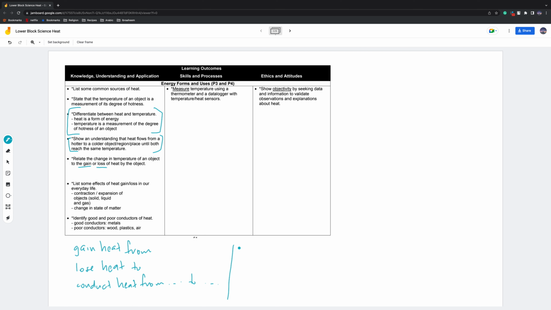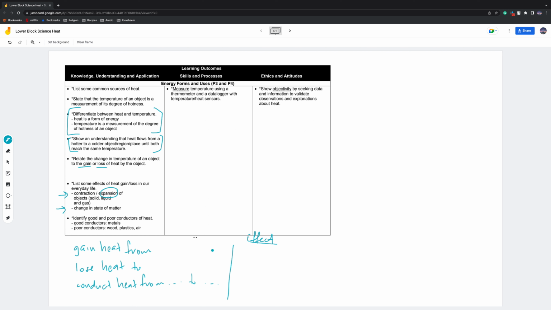Sometimes you add the effect. An example will be, let's say the spoon gained heat from the hot tea and expanded.